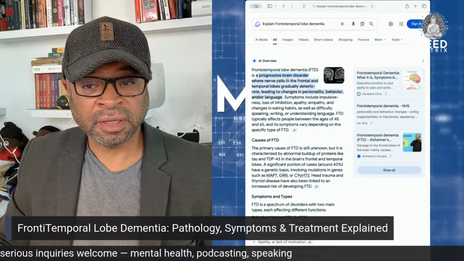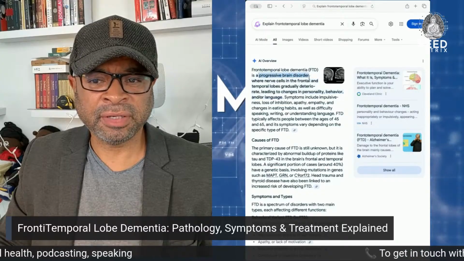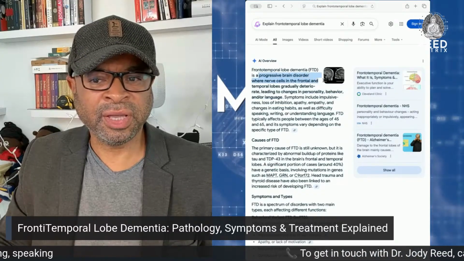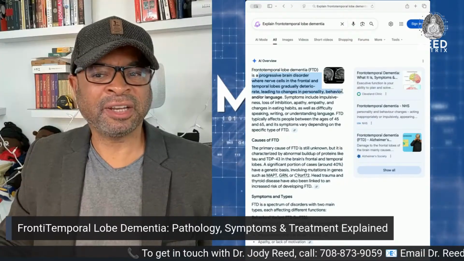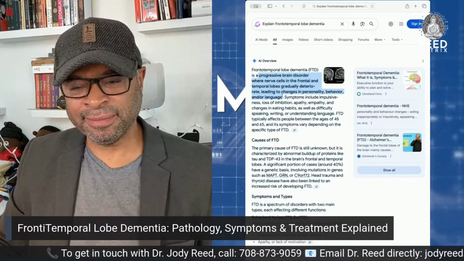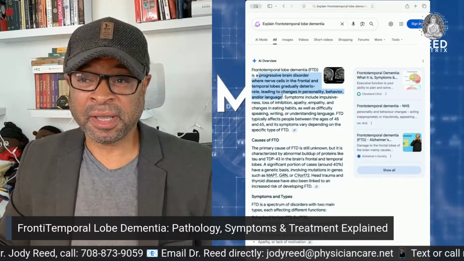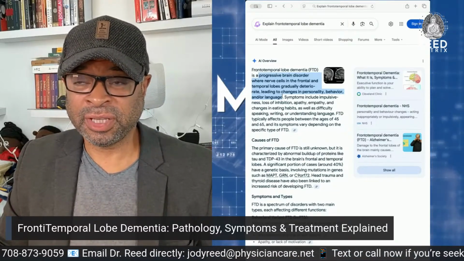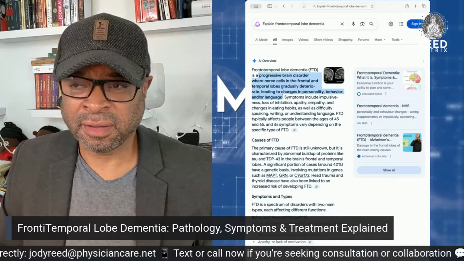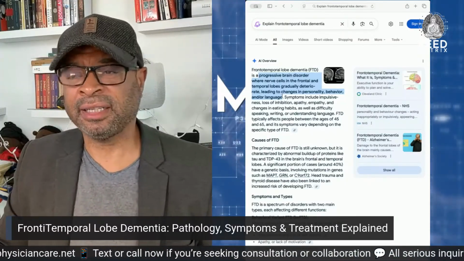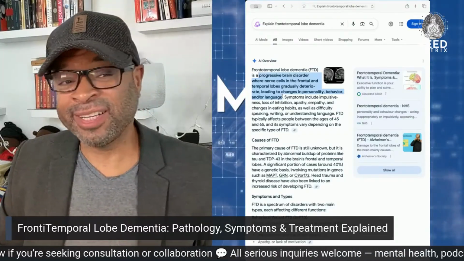It's very complicated. A progressive brain disorder where nerve cells in the frontal and temporal lobes gradually deteriorate, leading to changes in personality, behavior, and language. I went through the prefrontal cortex, and the purpose of that prefrontal cortex is to connect all of these things, and in the process of matching and filtering and connecting and pairing all these things, you come up with what's called abstract reasoning.